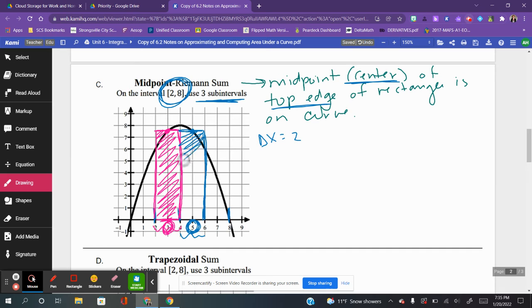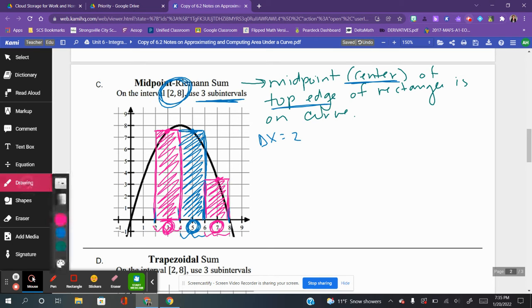Again, we get a little overage and a little under, so it feels a bit more balanced. Finally, I have to look at the midpoint of this subinterval, which is 7. So I'm going to use the x value of 7, and that's going to be on my curve. Then I'm going to draw my rectangle, and I have to find the area of that.